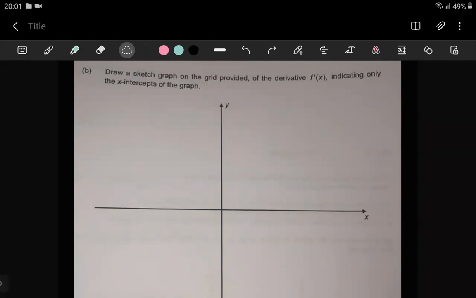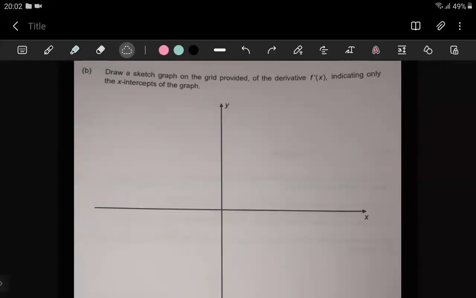If you start with a cubic graph and you differentiate it, you're going to get a quadratic equation. And then when you differentiate that quadratic equation, you're going to get a straight line graph.